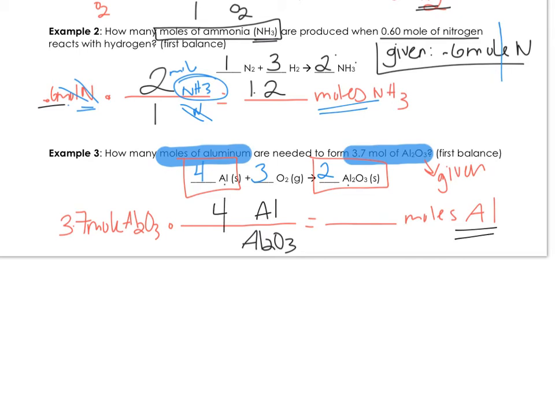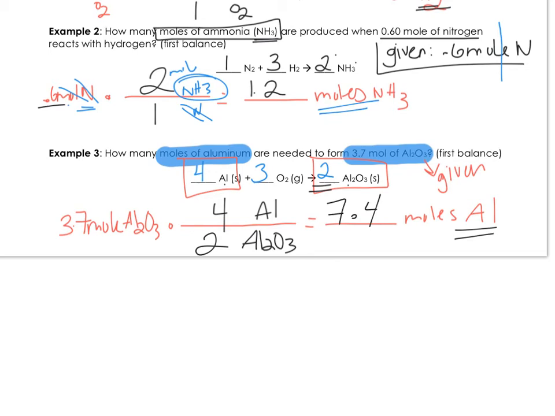So it'll be a 4 from right here to a 2 from right there. Okay? And so if I do this, I get 3.7 times 4 divided by 2, which will ultimately give me an answer of 7.4 moles of aluminum. I hope that that is also what you got.